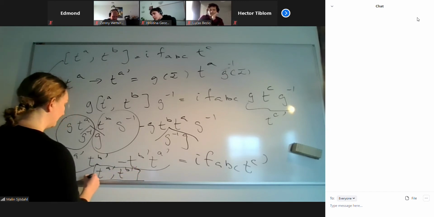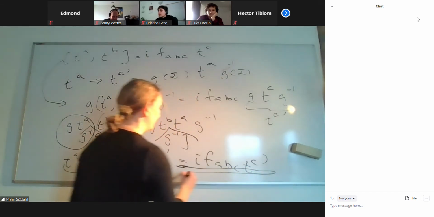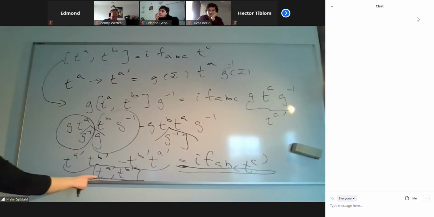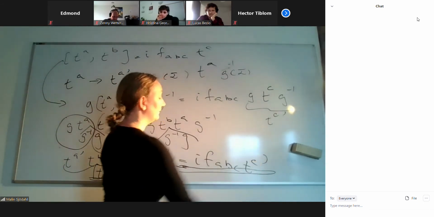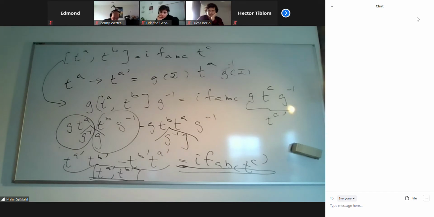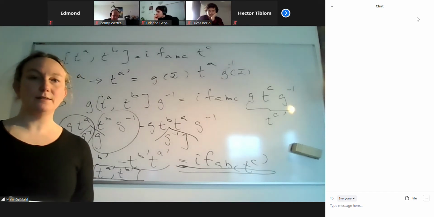So this equals to this proves the identity. PA prime commuted with PB prime is i f_ABC PC prime, with primes everywhere. So that was also a completely straightforward exercise.